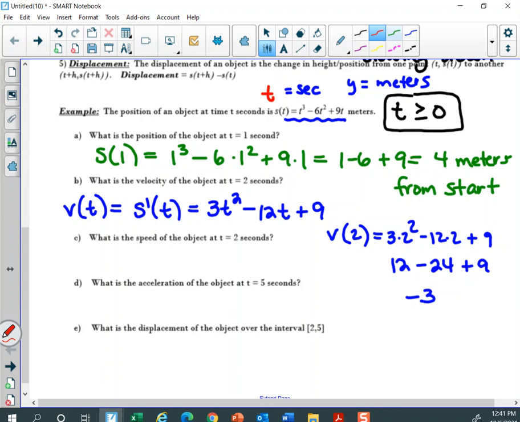So the inputs are seconds and the outputs are meters. So this is negative 3 meters per second. Speed would be the absolute value of the velocity at 2 seconds. So that would be positive 3 meters per second.